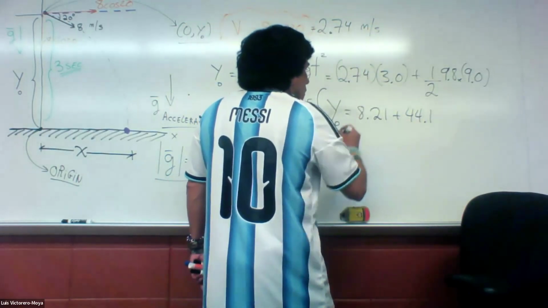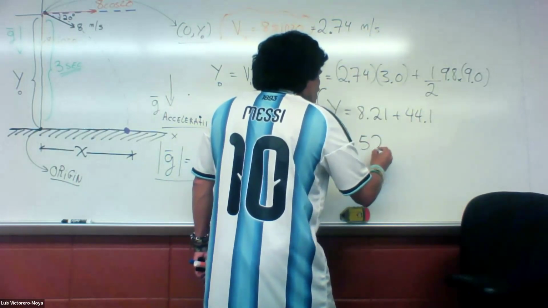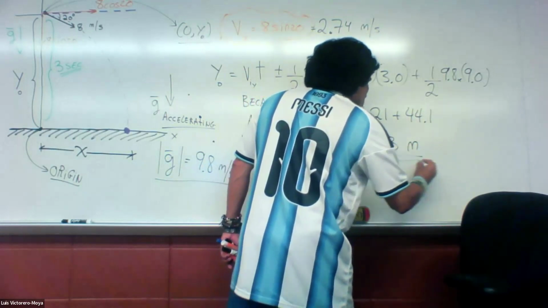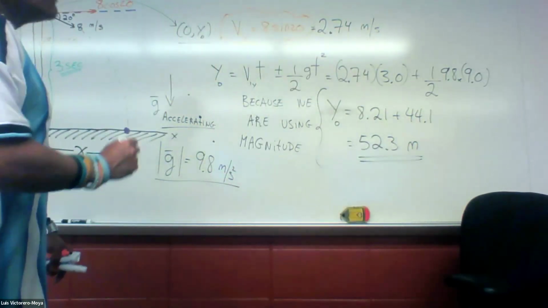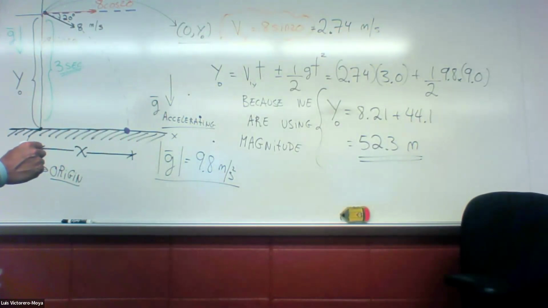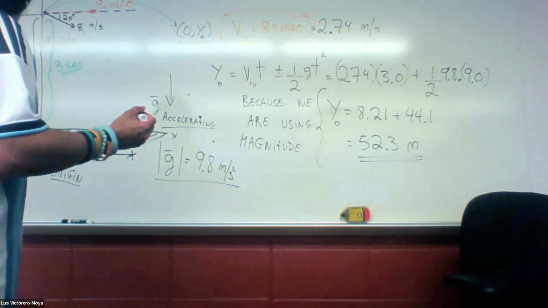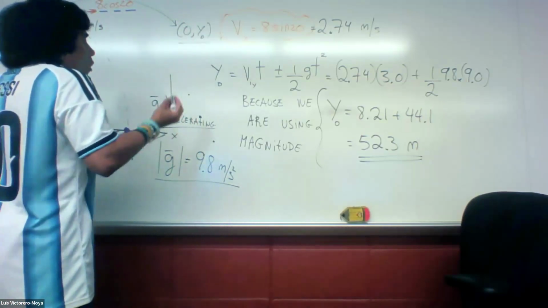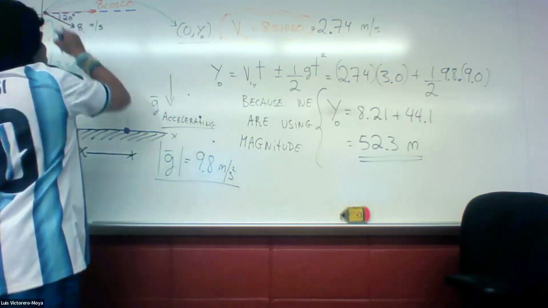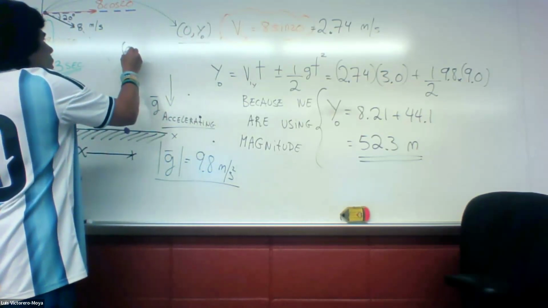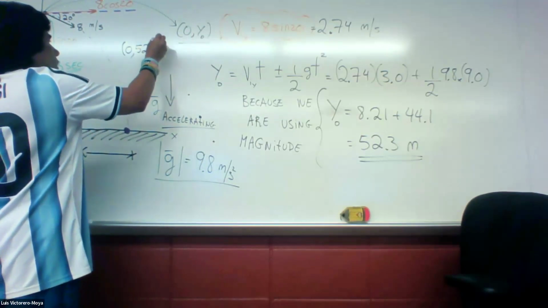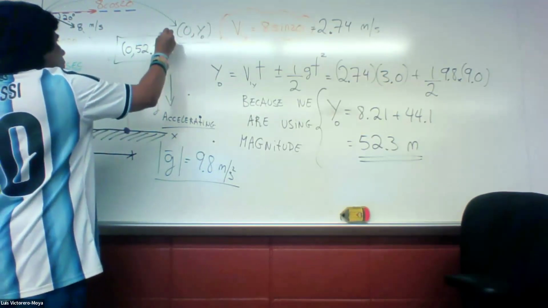So 52.3 meters. There you are. Okay. And the coordinates of the ball are 0, 52.3 meters.